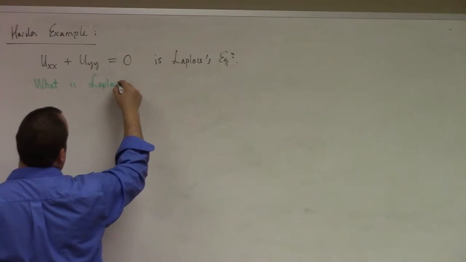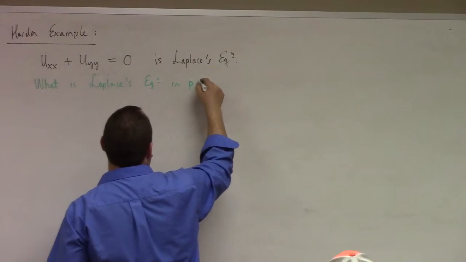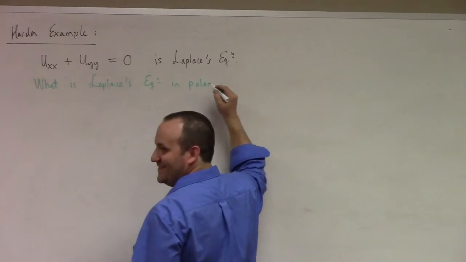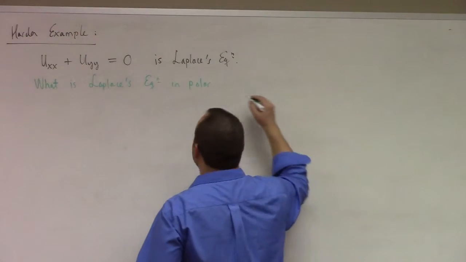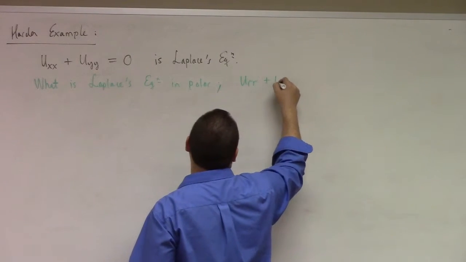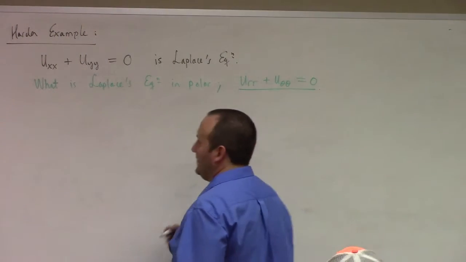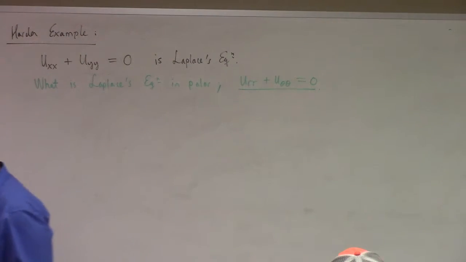I'll tell you what it's not. It is not this. I wish it was just that. No, actually I don't. If it was just this, then life would be boring. In fact, Laplace's equation in polar coordinates is really different.